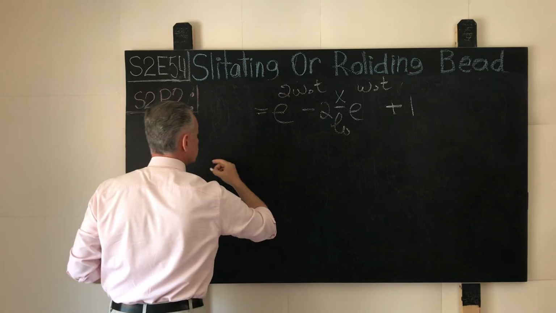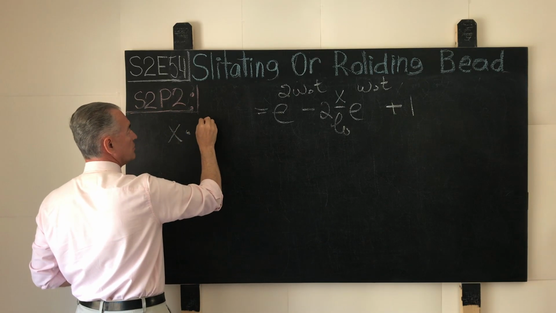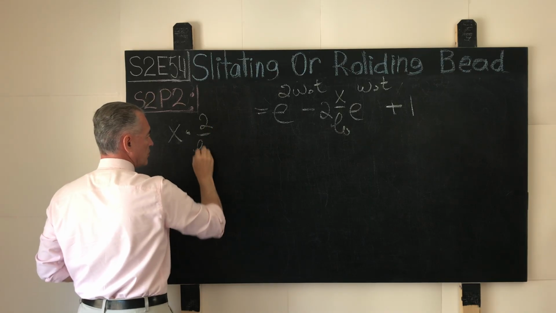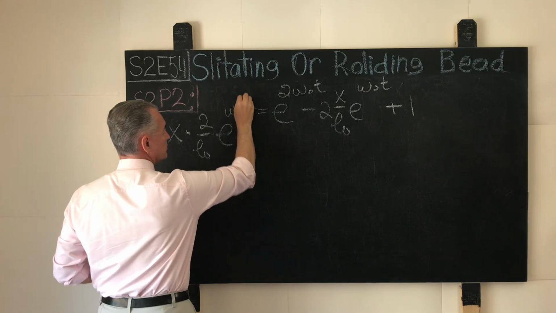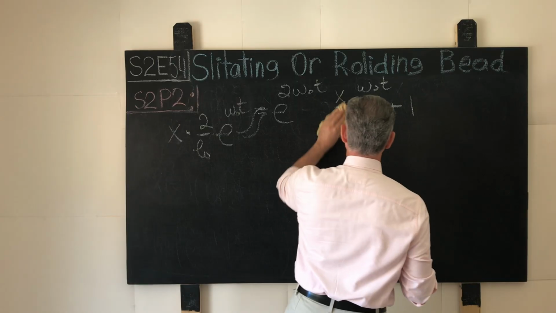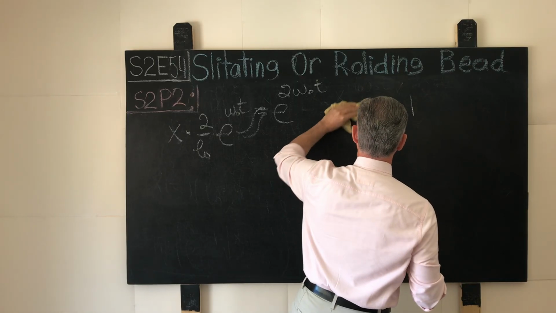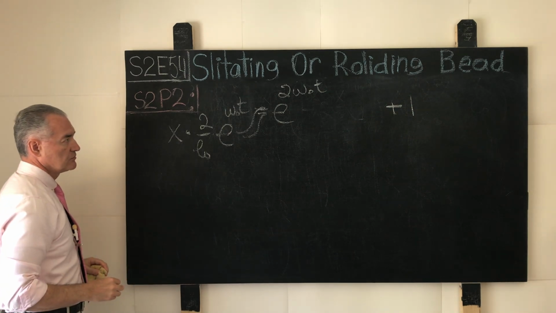This guy flies. Let's write it down suggestively. X times 2 over L0 times e to the power omega 0 t is equal to this thing, and this thing is gone. This thing is gone. So what do we have now?